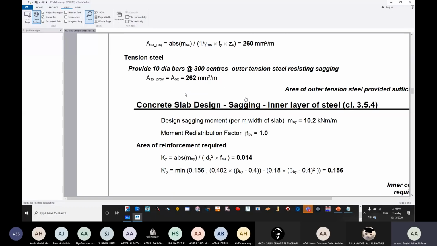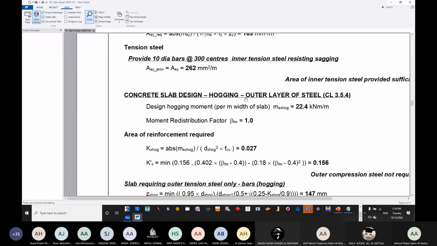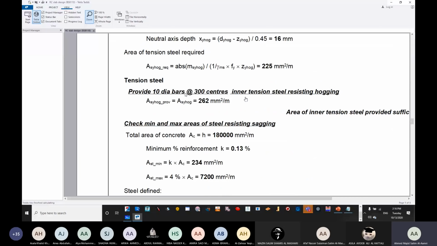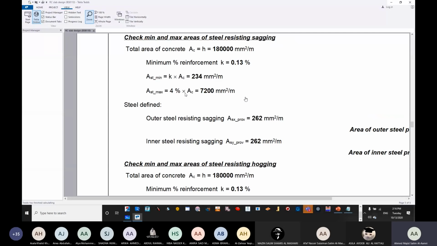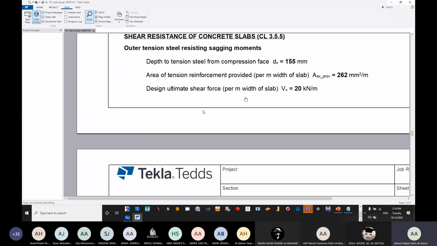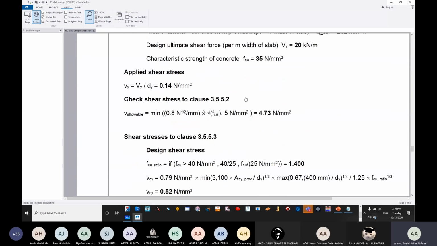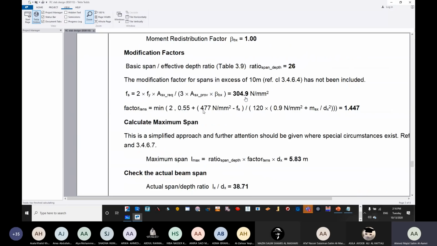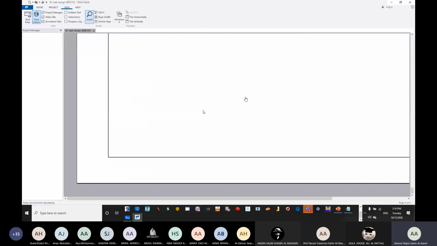We have studied everything here in the design. The only thing is that this software is going to show you the calculation instead of writing it. So minimum reinforcement, maximum reinforcement, checking for the cracking, checking for the cover. So everything has been done already. So all the calculation or the design has been done.